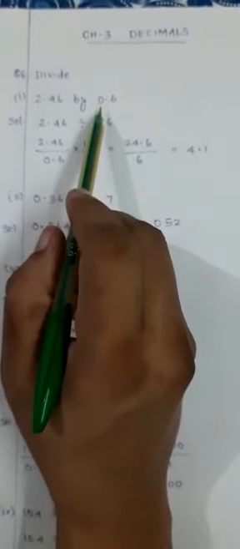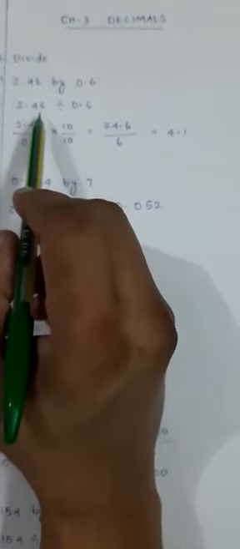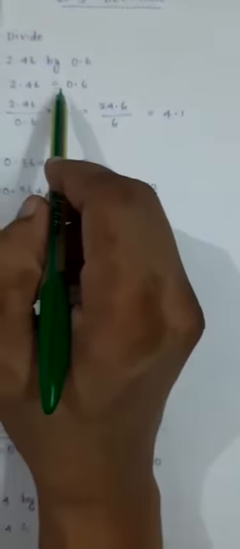So the first step is to make the divisor a natural number by removing the decimal point. Simultaneously, shift the decimal point in the dividend to the right by as many places as the number of decimal places in the divisor.